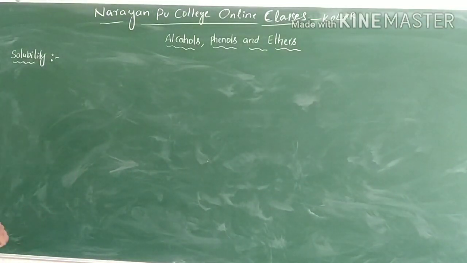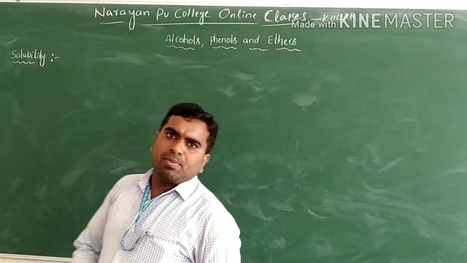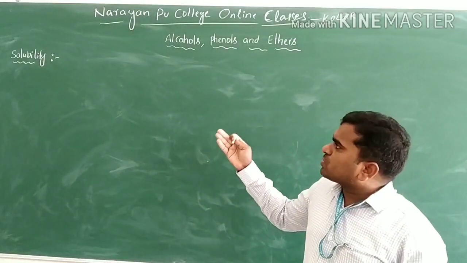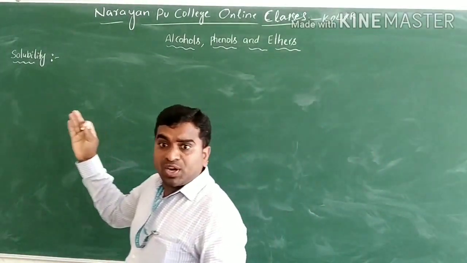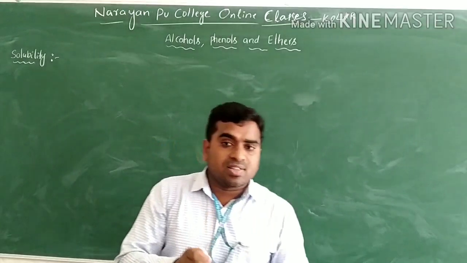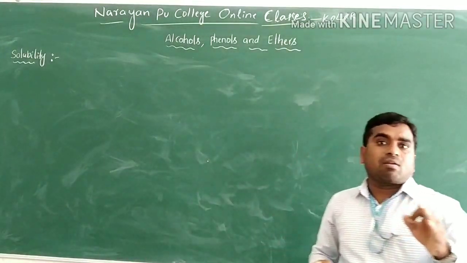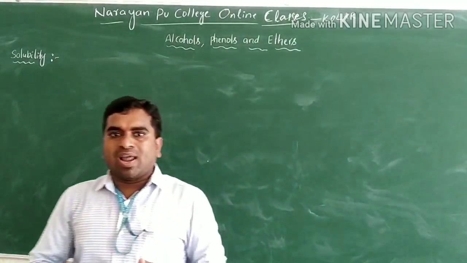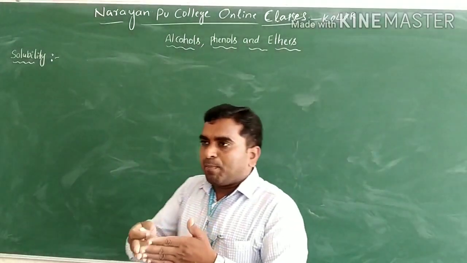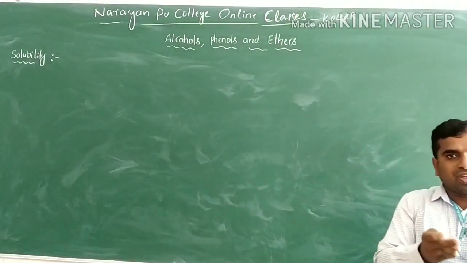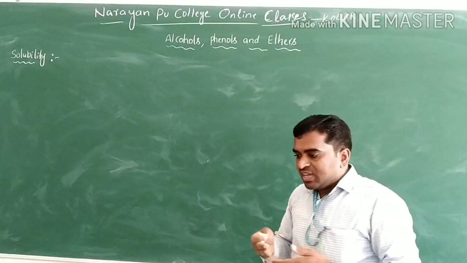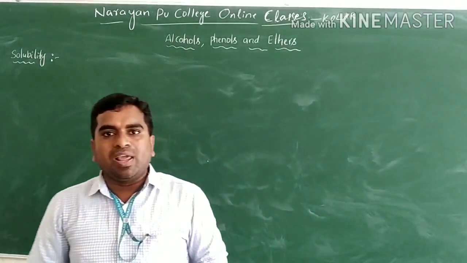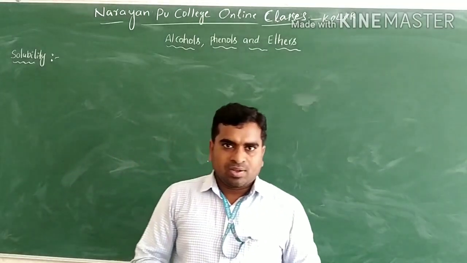Next one is solubility. Okay? Solubility means the extent of solubility of alcohol. Consider the lower alcohols, meaning methanol and ethanol, compounds containing a small number of carbon atoms.